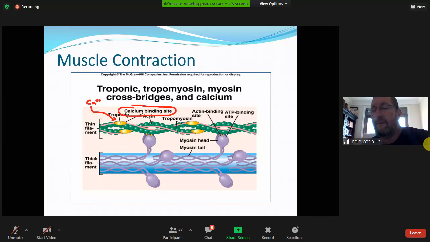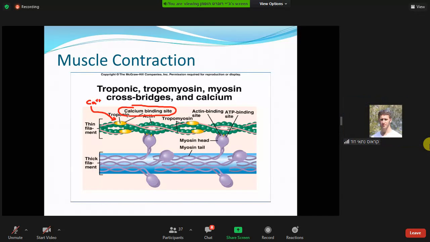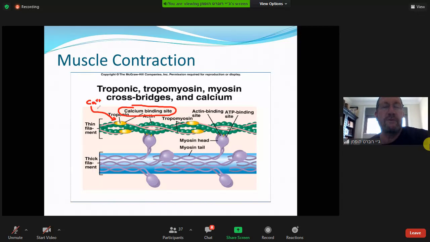Where's calcium released from? Sarcoplasmic reticulum, correct. So it's released, you got the electric potential went down the transverse tubule, activated the pool of calcium in the sarcoplasmic reticulum, released it, and then goes to the troponin molecule.